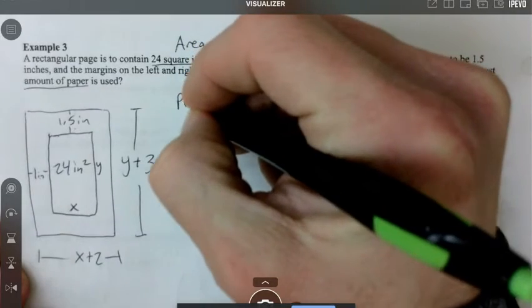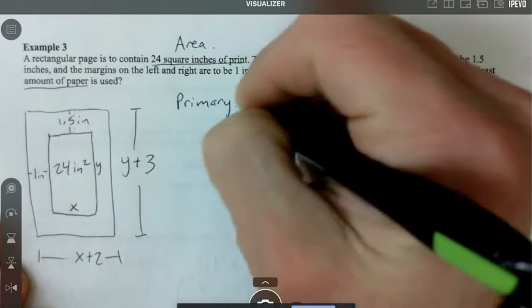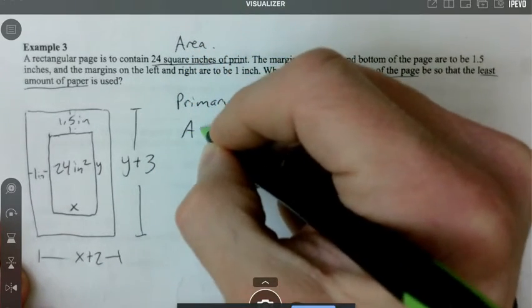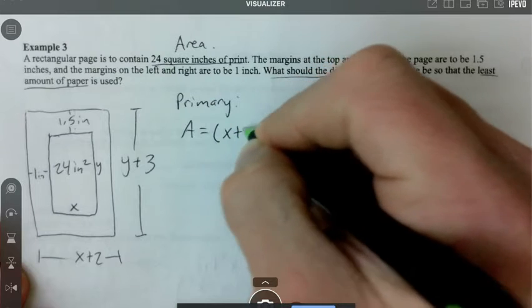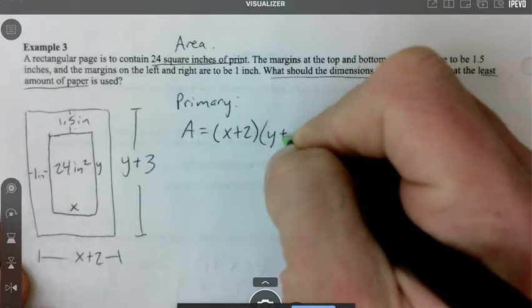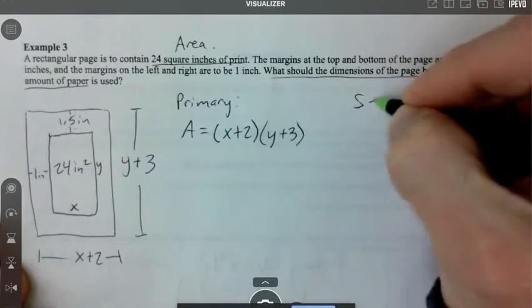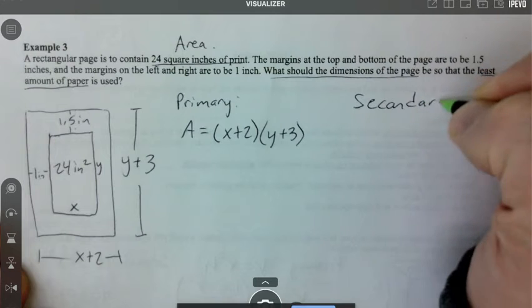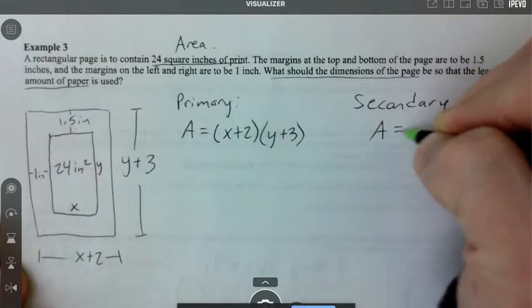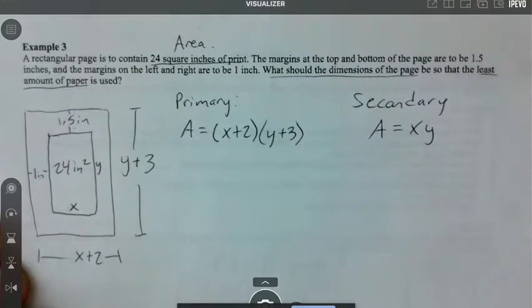My primary equation is going to be an area equation based on X plus 2 times Y plus 3. My secondary equation is also going to be area, but based on the area of print.